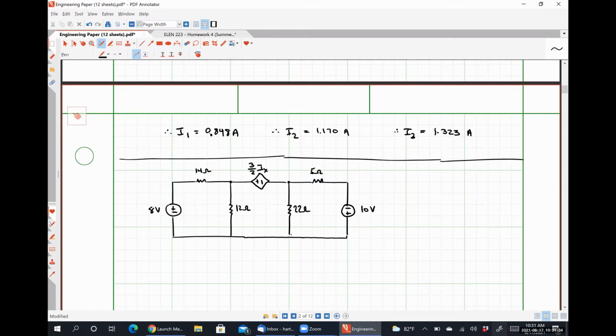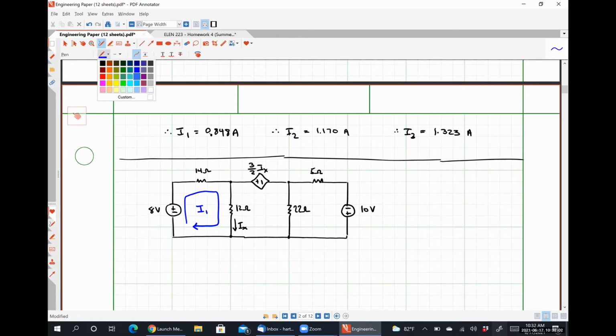So identical circuit to the one we just analyzed, where I'm defining IX as the current flowing down through the 12 ohm resistor. So we're starting with the exact same circuit. Now I'm going to choose that my mesh current I1 still flows in that clockwise direction.